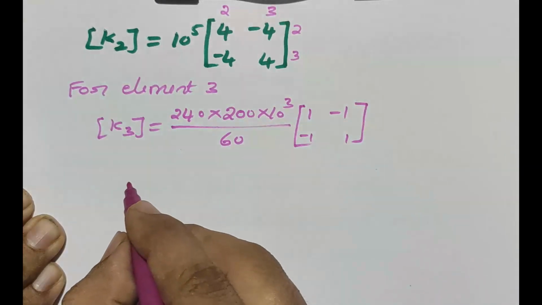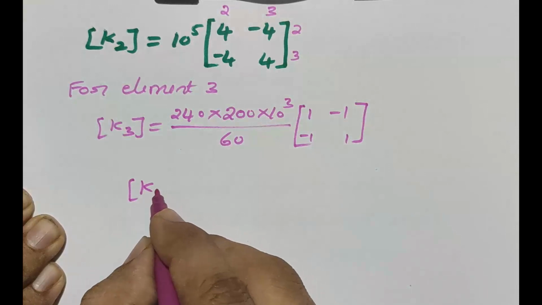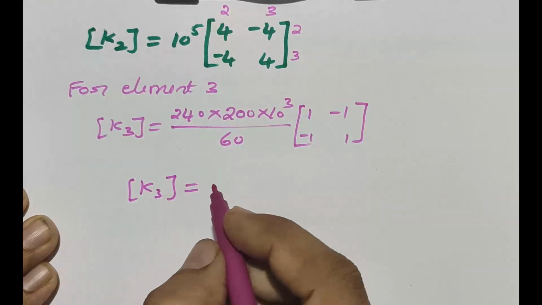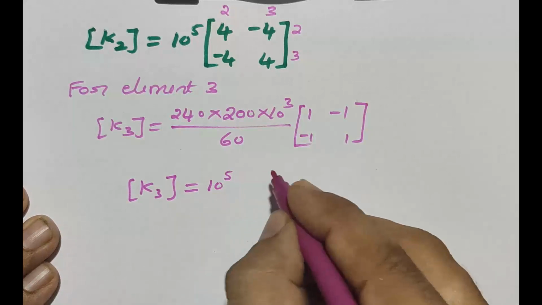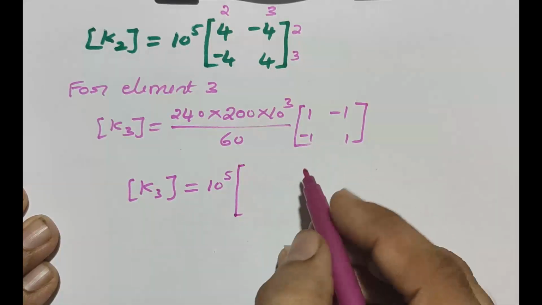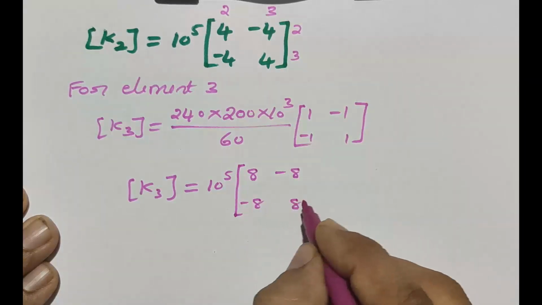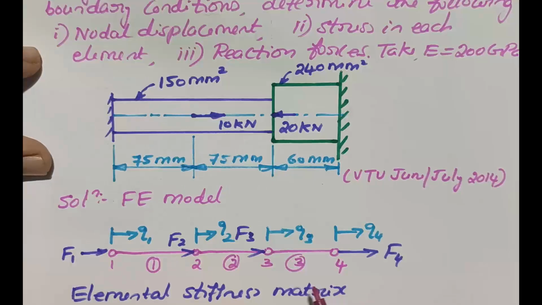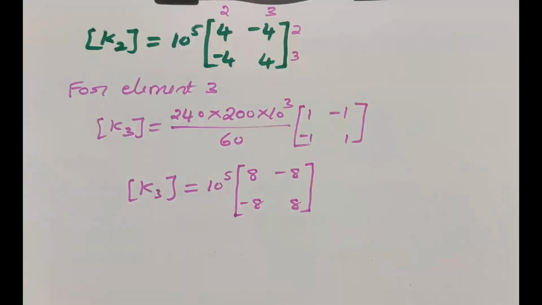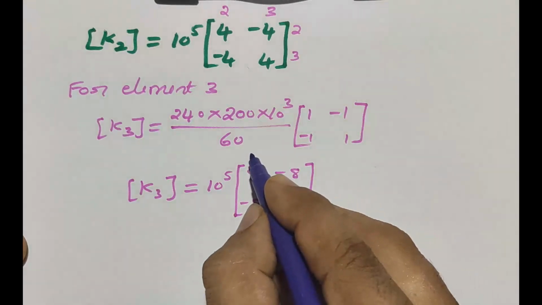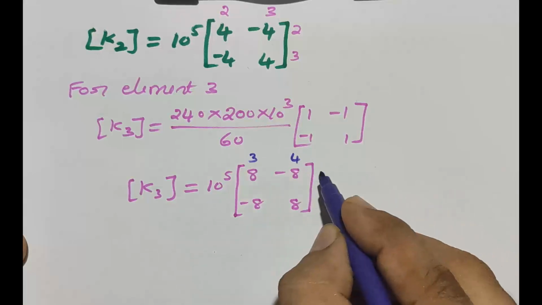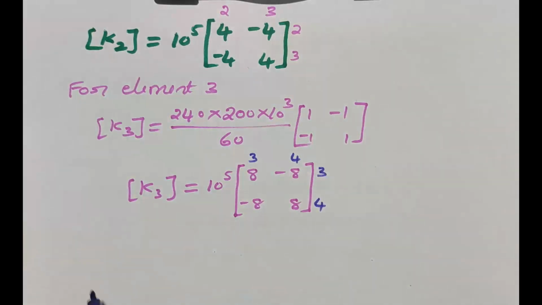Now if we simplify this, we will get K3 is equal to 10 to the power of 5 outside, 8 minus 8, minus 8 8. Now see the FE model. Element number 3 connects node number 3 and 4. That's why in the elemental stiffness matrix for element 3, I will give the numbering 3, 4, 3, 4. Next is the global stiffness matrix.